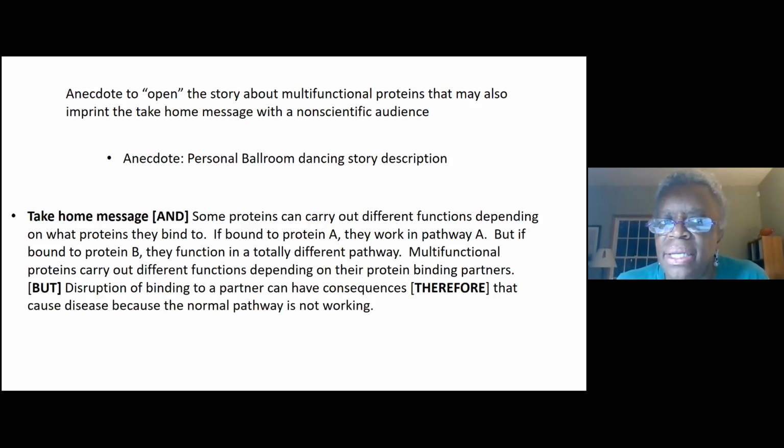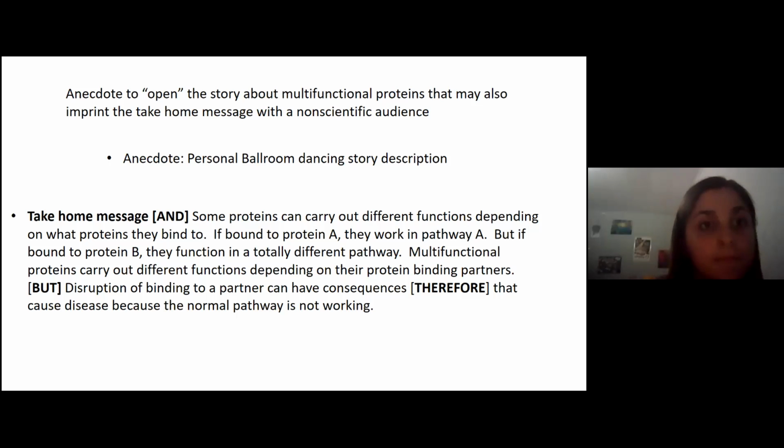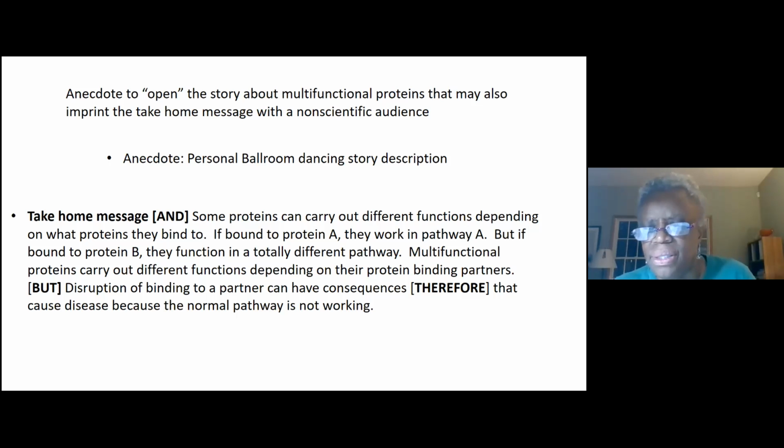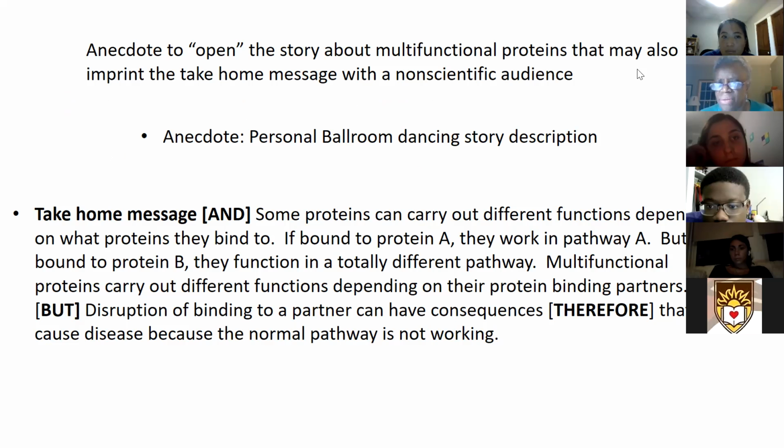If I were telling this story, can everyone see my screen at this point? Okay. So I'm going to quickly tell you a little anecdote that I use to talk about multifunctional proteins. I think I may have shared this anecdote with some of you at some point.